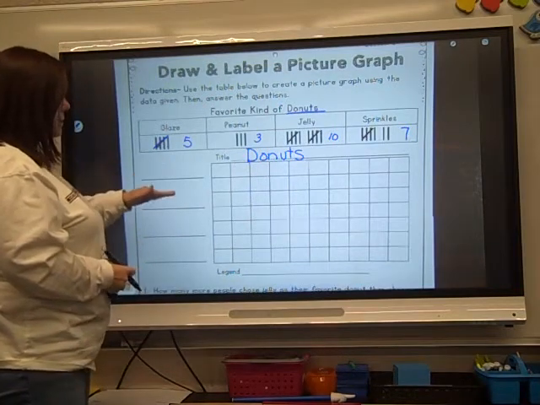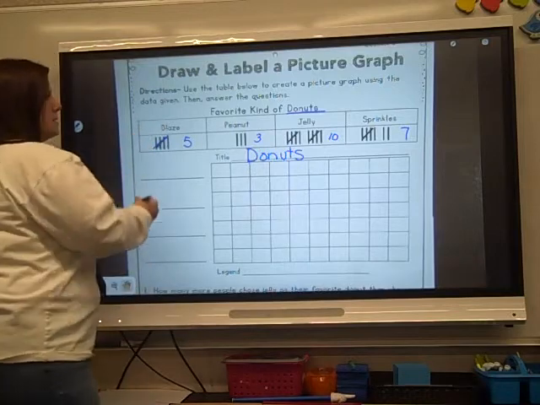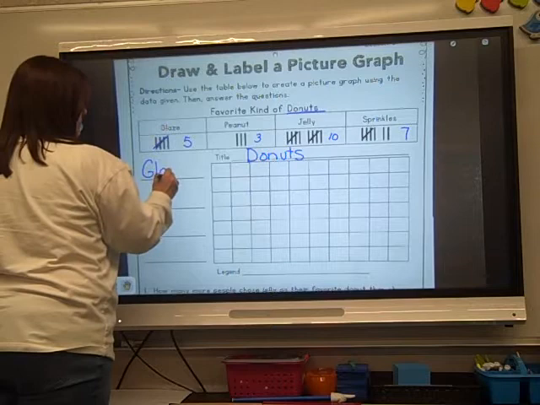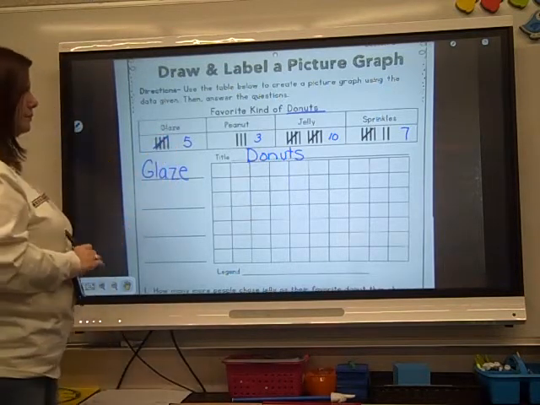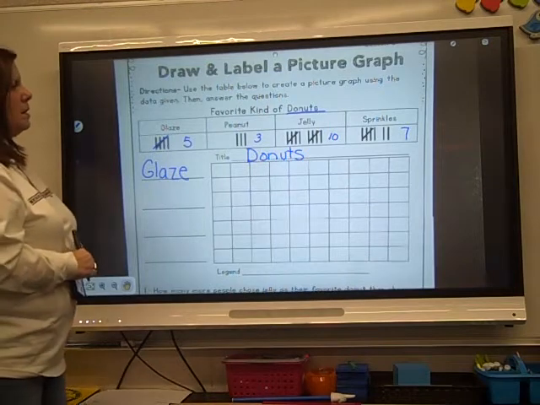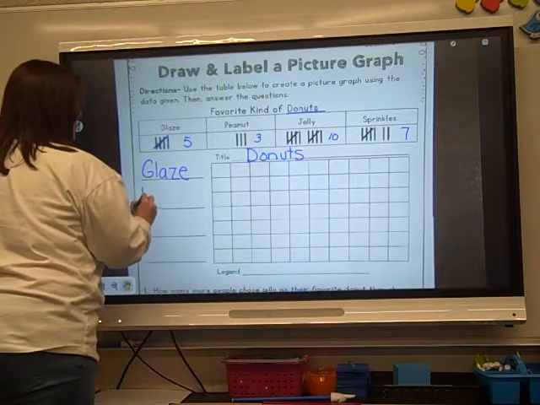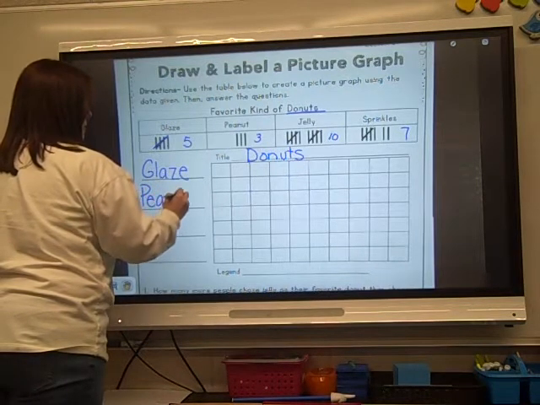Then what we have to do is put the different kinds down through here. So we'll start with the glazed. So put glazed here on the first line. Just copy it from that box right there. Do peanut on that second line. Copy it from your paper.